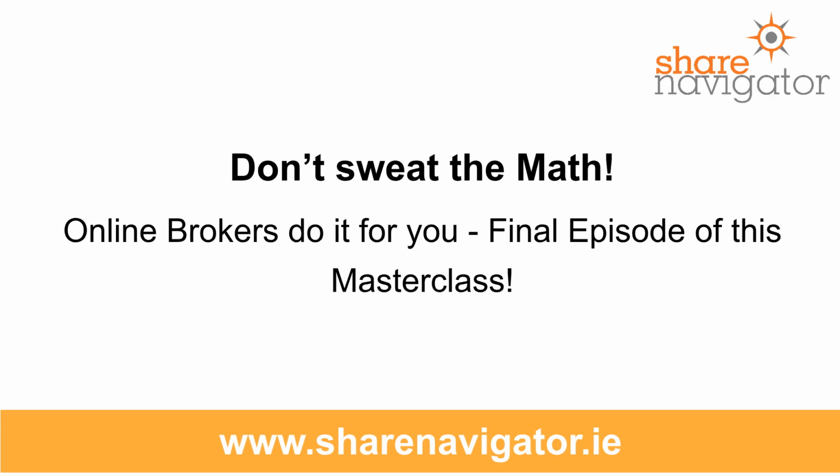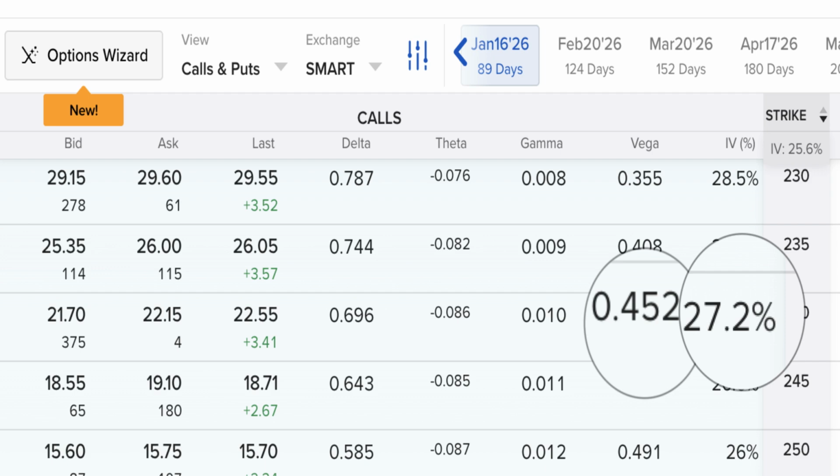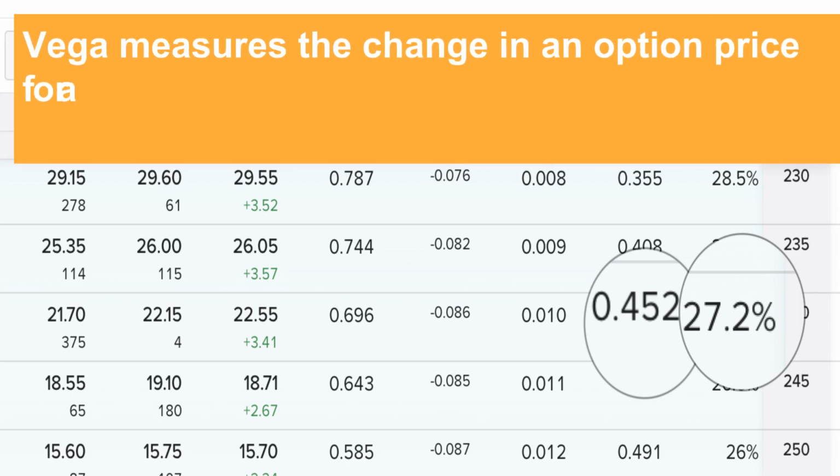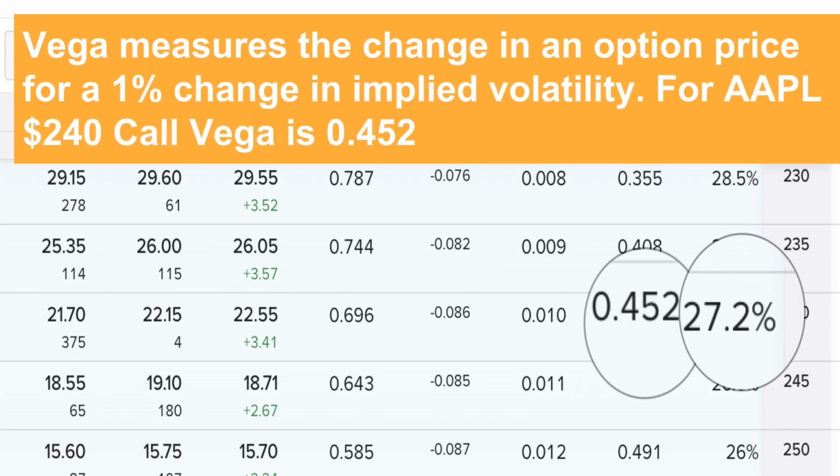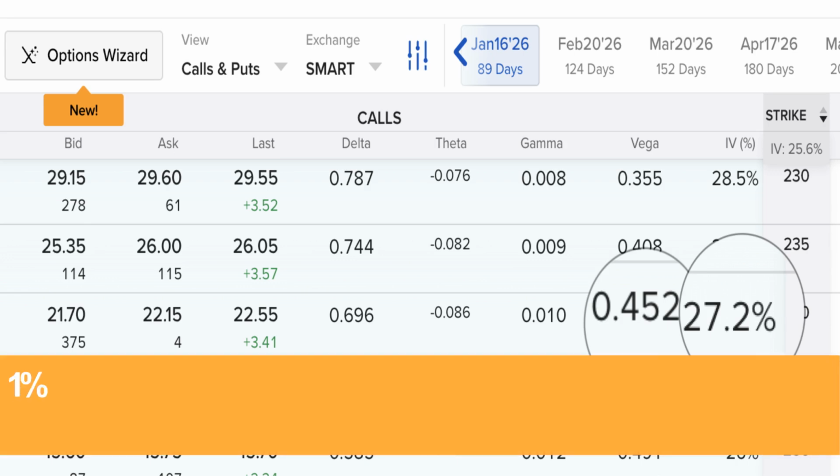We just feel it's important for you to know and to have knowledge of what gamma is and what it means for delta. Last up is Vega, and you may remember from an earlier episode, we discussed the time value of an option and how implied volatility is an important part of that. Well, Vega measures the change of an option's price due to a 1% change in implied volatility. So in this example here, current implied volatility for our 240 call is 27.2%.